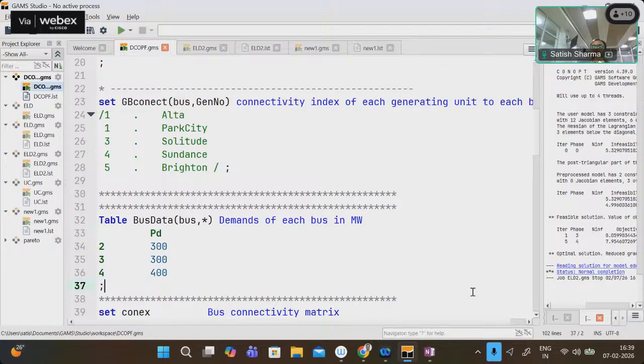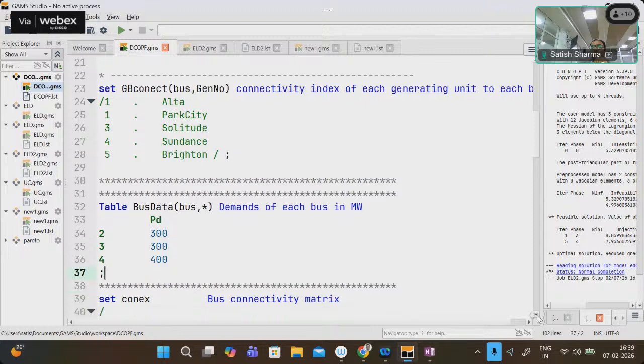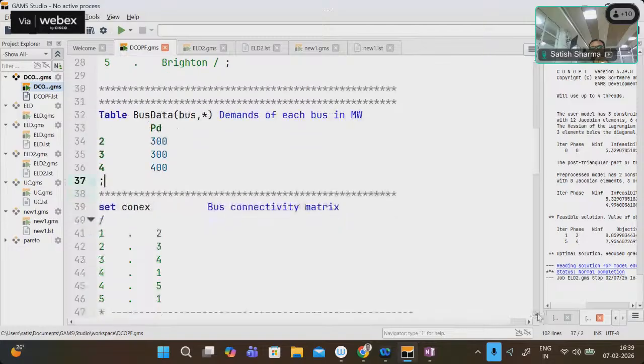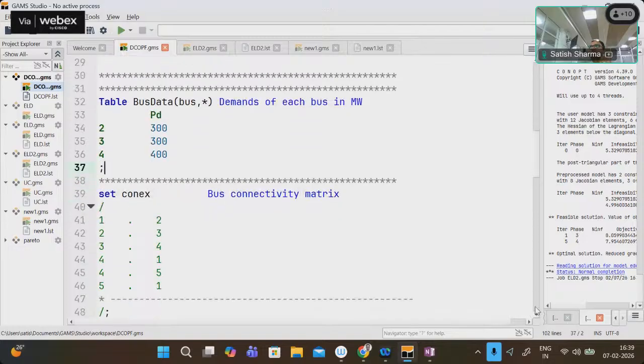It is understood that if we are not defining it, it will be 0. That is a very good feature, so we do not have to assign them 0. It is by default 0 if you are not providing that information in a particular set.